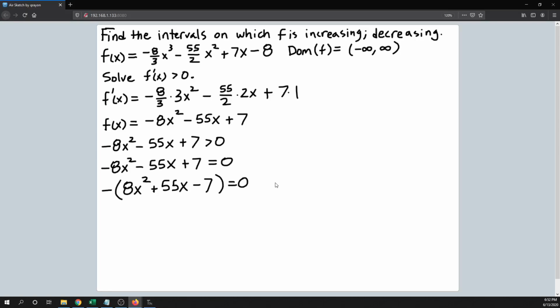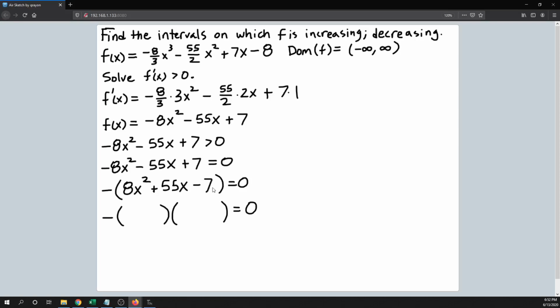Factoring out this negative sign gives us positive 8x squared plus 55x minus 7. And this is going to factor into two binomials. We need two numbers that multiply to give us a negative 56 but add up to give us a positive 55. That is going to be negative 56 and a positive 1.